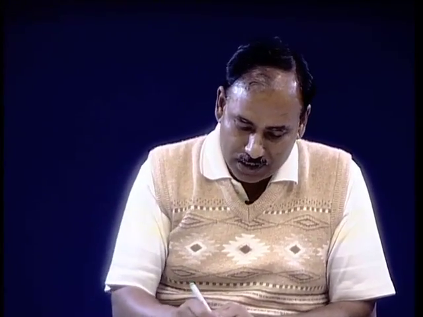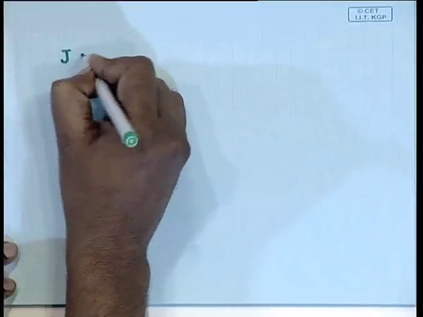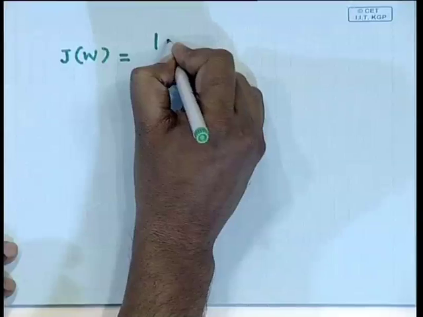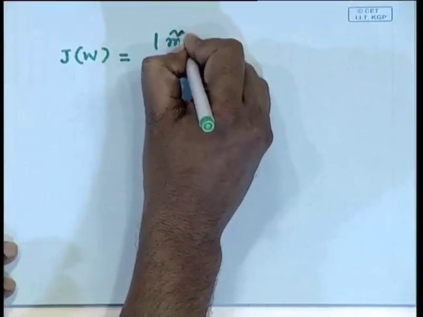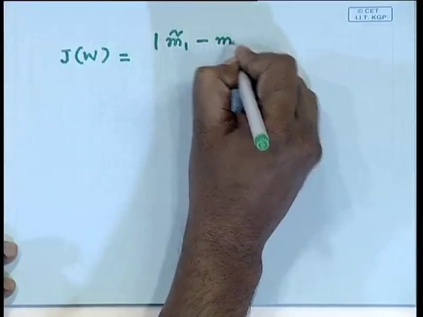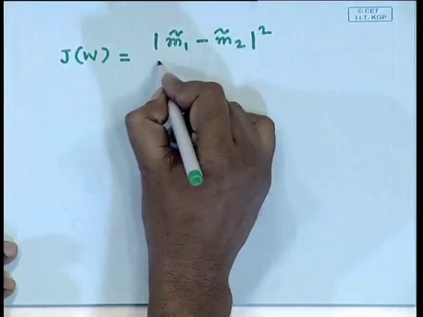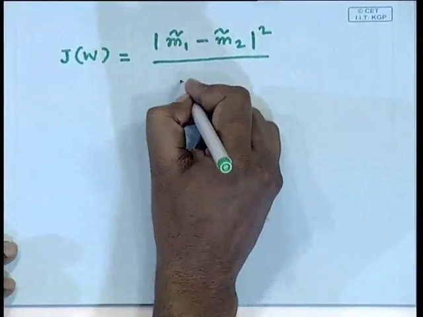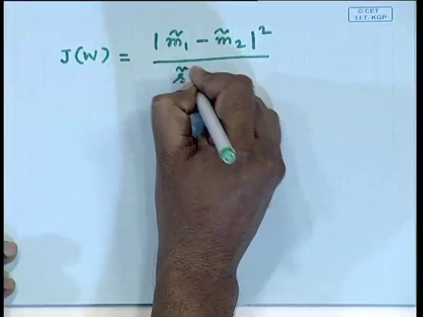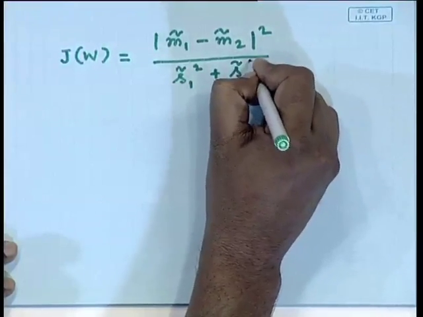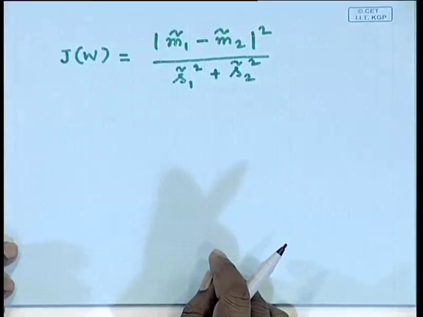So, I can define now a criteria function which is something like this: J of w is equal to m 1 tilde minus m 2 tilde square upon S 1 tilde square plus S 2 tilde square. Okay.